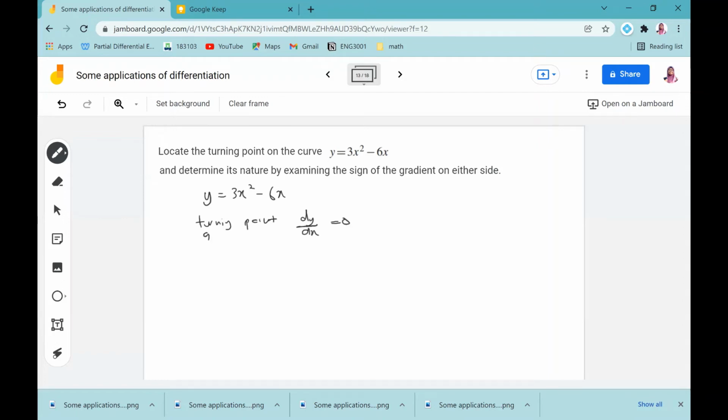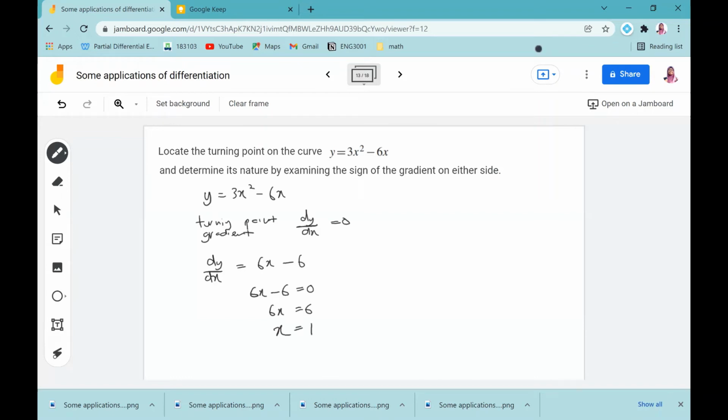So we differentiate y with respect to x, and we have 6x minus 6. Then we let it equal to 0, so we have 6x equal to 6. So x equals 1.